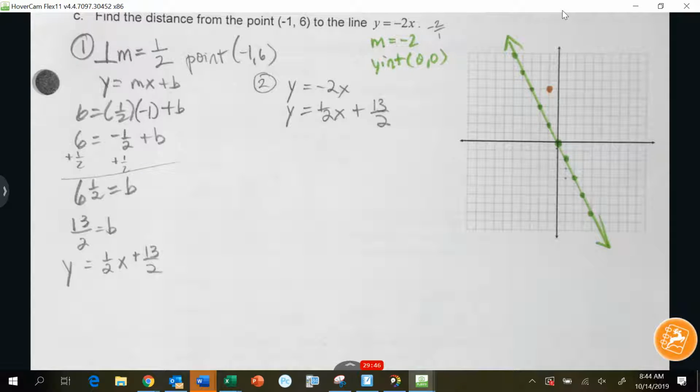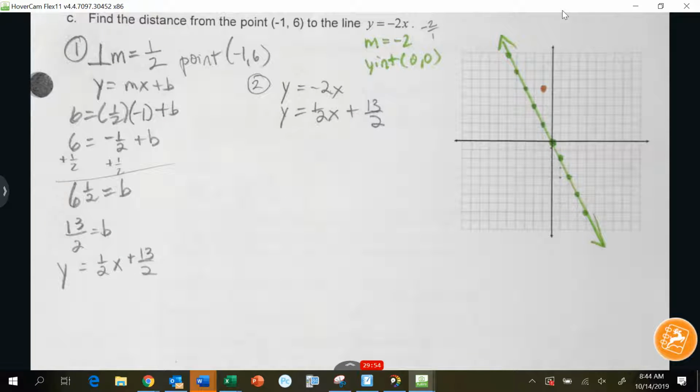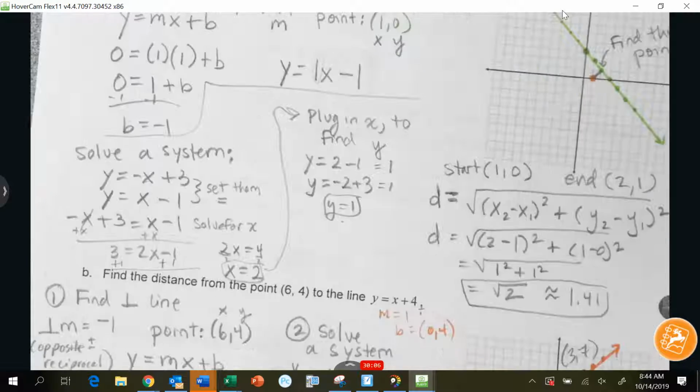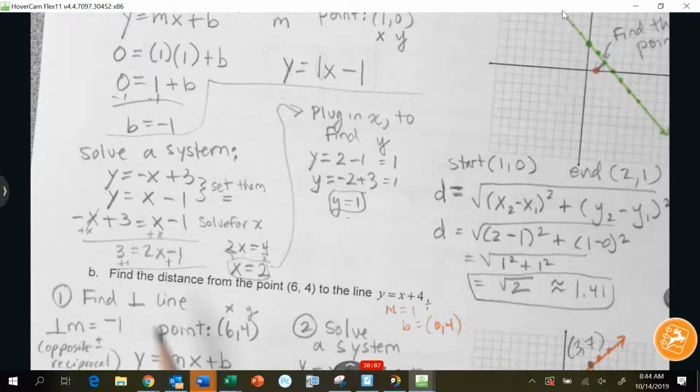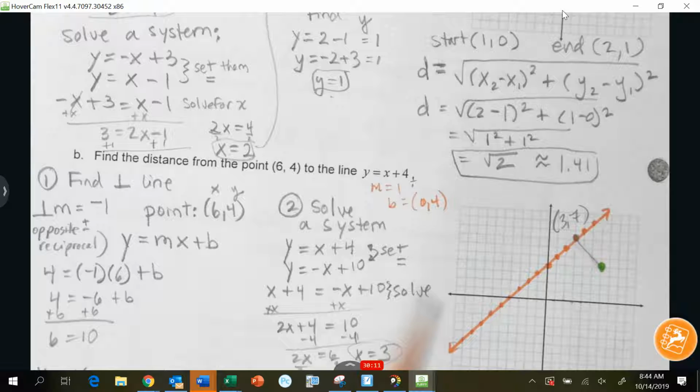What can I do next after I have these two equations equal to y? What did we do on this one, where I had them both equal to y? What was our next step?